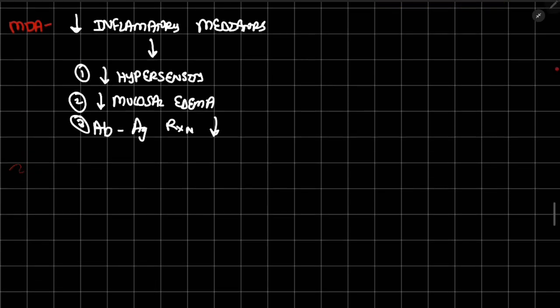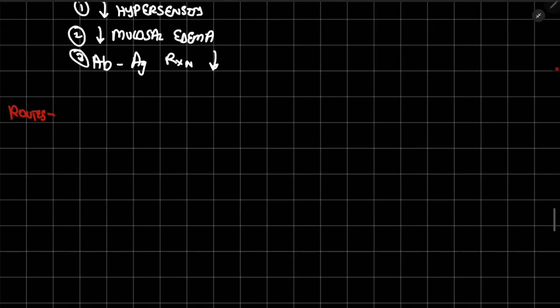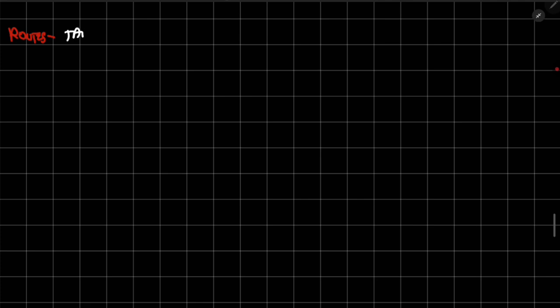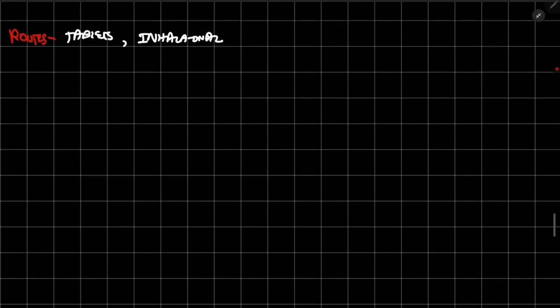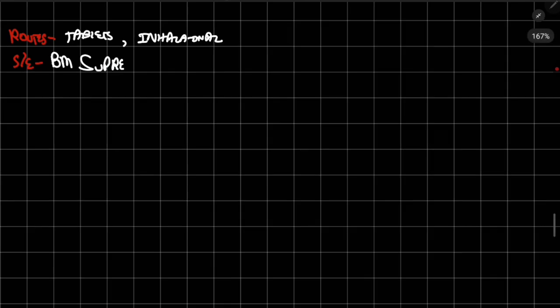Now, what are the routes? As I mentioned while stating the drugs earlier, tablets, we have prednisolone tablets, then MDI or inhalational corticosteroids, we have budesonide, fluticasone, etc. The main side effect is bone marrow suppression.